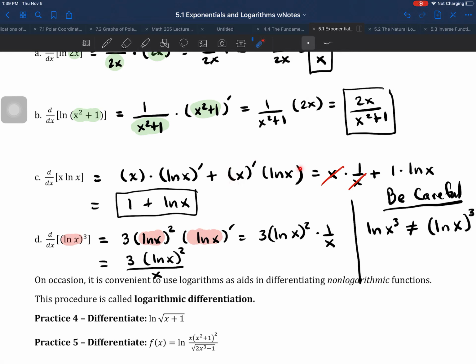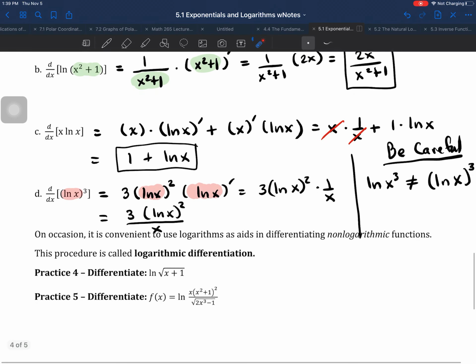So this is the product rule. But now when you go back and do the derivative of each one, the derivative of natural log of x is 1 over x times the x that you already had, plus the derivative of x, which is 1, times the natural log of x. These will cancel each other out, so we're left with 1 plus 1 times natural log of x, which is 1 plus natural log of x.